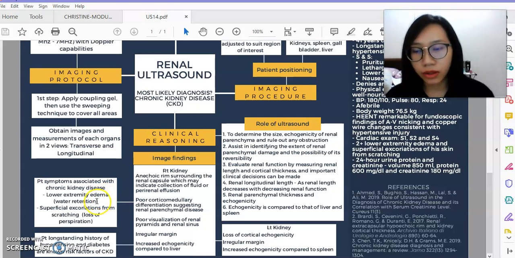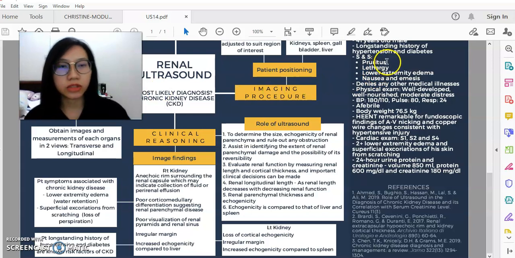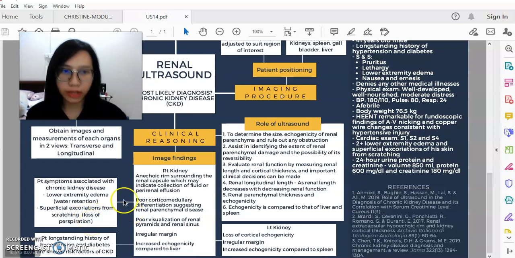This is possibly due to water retention because of the renal failure. Then the patient also has superficial excoriations from scratching. This is because the patient also has pruritus, which means severe itching of the skin. This may be due to loss of perspiration because of renal failure.